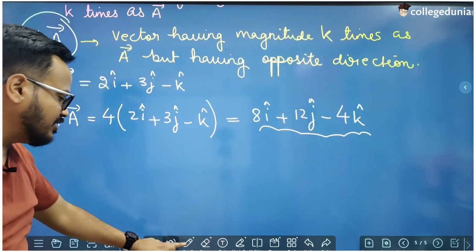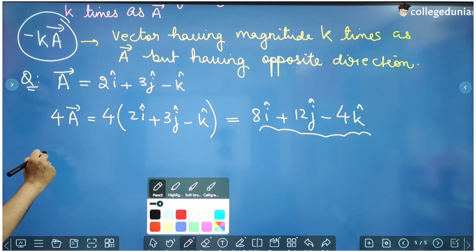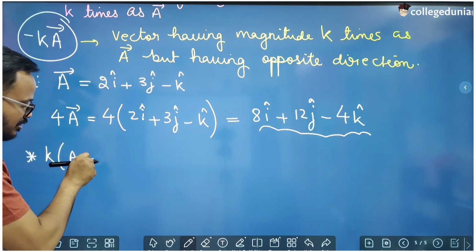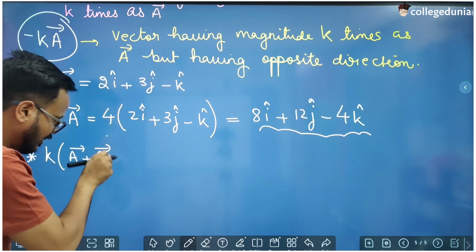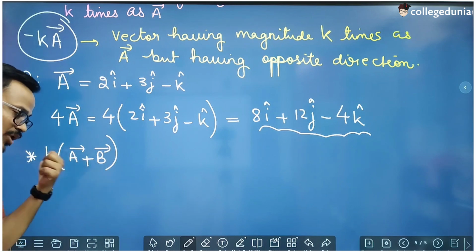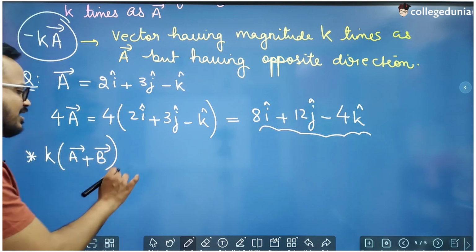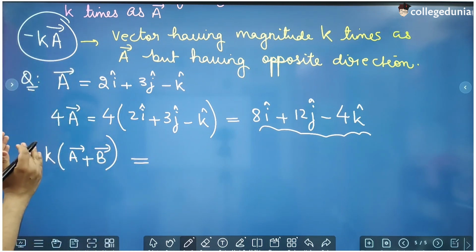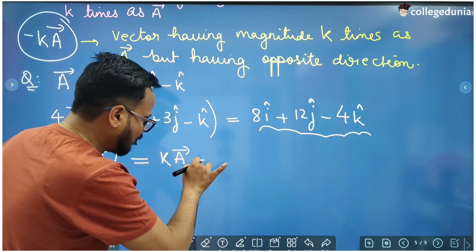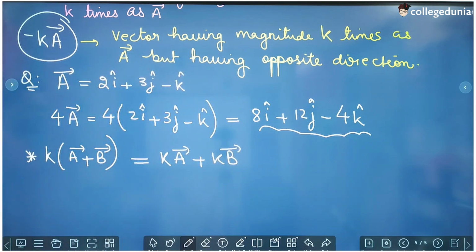Okay, so this is very simple. Now let's see the properties of this multiplication. If you are going to multiply k with the resultant of two vectors, it is equivalent to taking the resultant of these two and multiplying with k, or individually multiplying k with A and B and then taking the resultant. That means k into vector A plus vector B is simply k into vector A plus k into vector B. Clear? Okay.